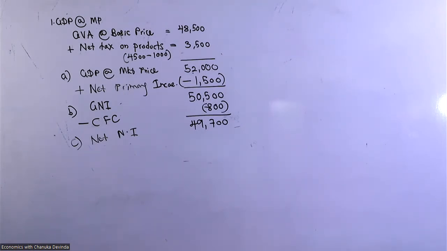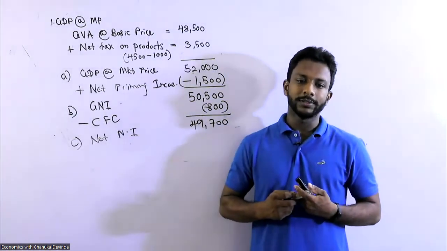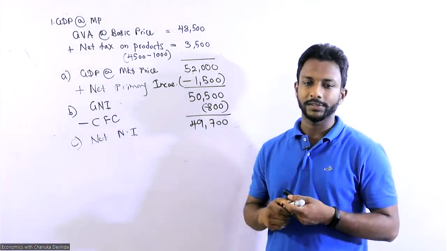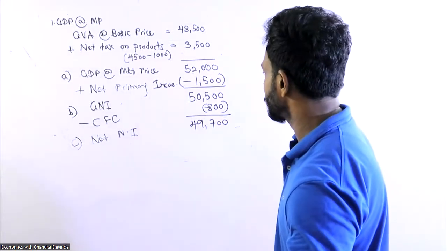Right, next one. GDP at constant price. They are asking me GDP at constant price, or fixed price.